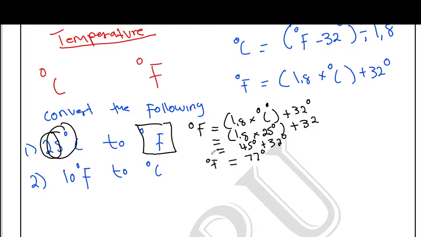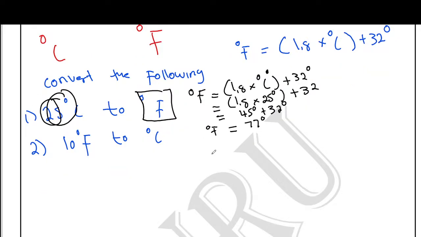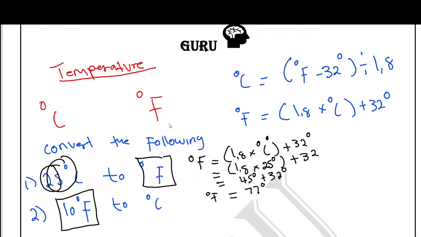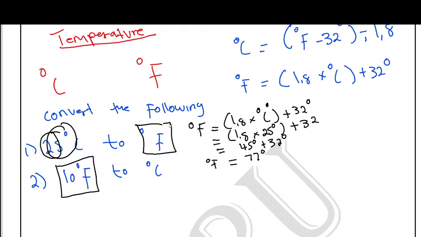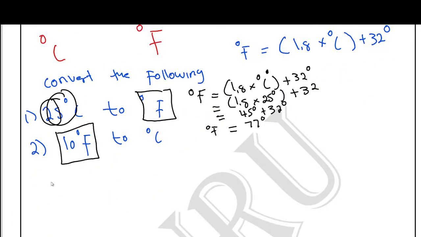Now let's go to the second question. The second question says you convert 10 degrees Fahrenheit to degree Celsius. So which formula do we use? We are going to use the first formula that says degree Celsius is equal to degree Fahrenheit minus 32 degrees divided by 1.8.